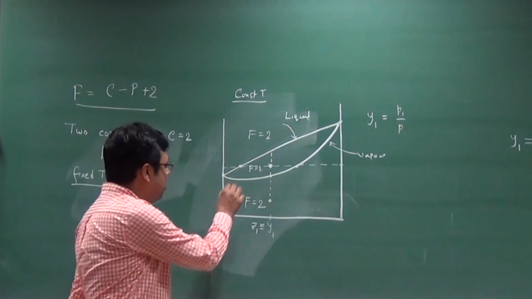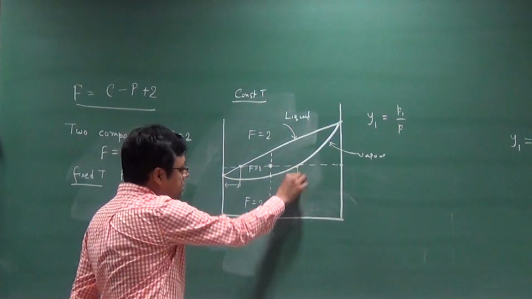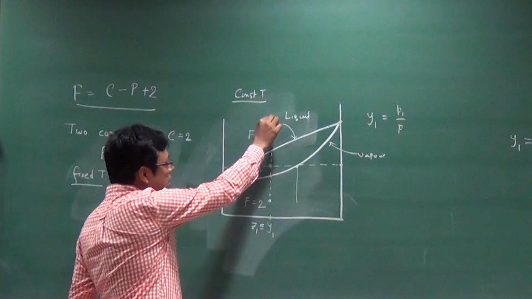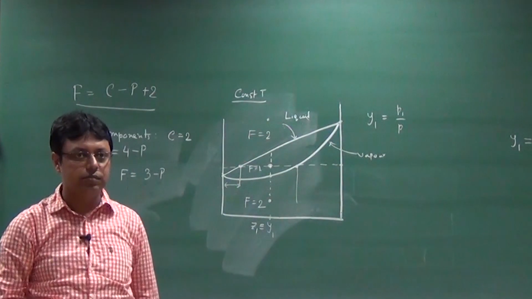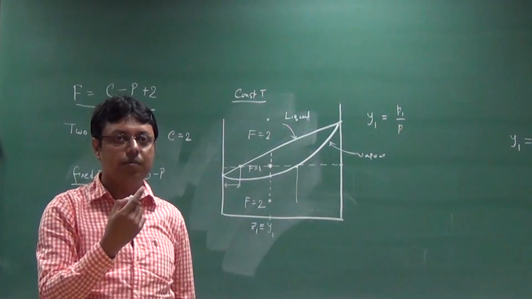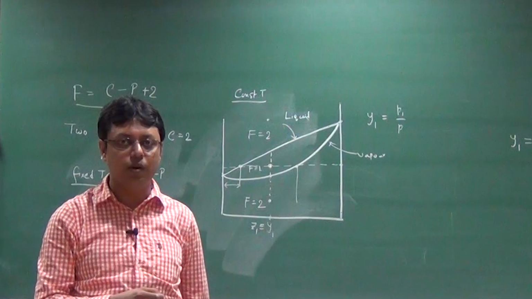At that point the liquid has this much mole fraction and the vapor has this much mole fraction. Clear? You could also think of the other process: if I start with a liquid phase point and then go down, the same thing happens. So the lines are basically the points where we are starting the equilibrium.